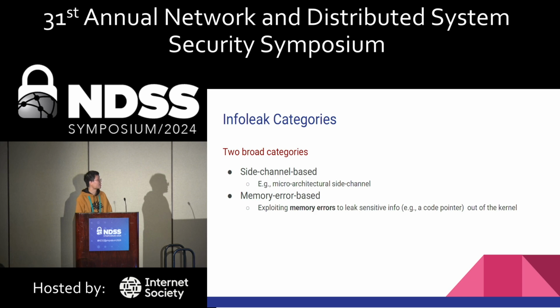There are two broad categories of Infoleak. One is side channel based. For example, attackers can utilize some microarchitecture side channel. The other category is memory error based Infoleak, where the attacker exploits memory errors in the kernel to leak sensitive information, like a code pointer, out of the kernel.